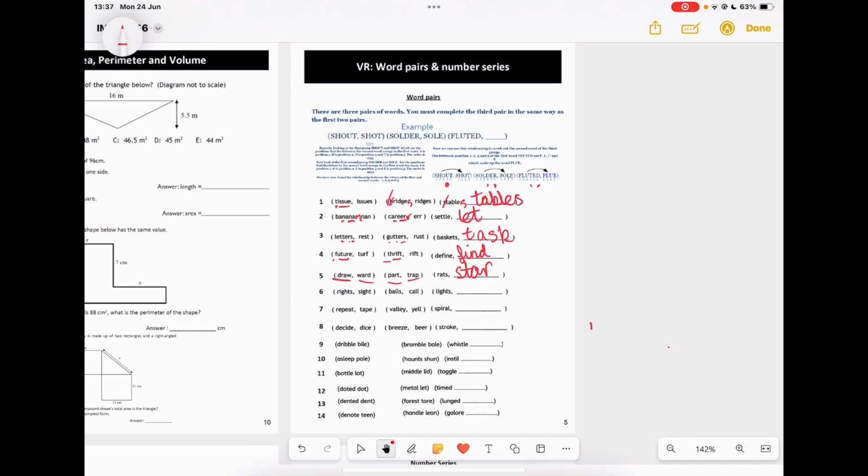Next is question 6. So we have rights, sites, rights and site. So taking the last letter, then the second, then the third, fourth, and fifth. Balls and calls. Balls and cool. Well, the C doesn't seem to be coming from anywhere.